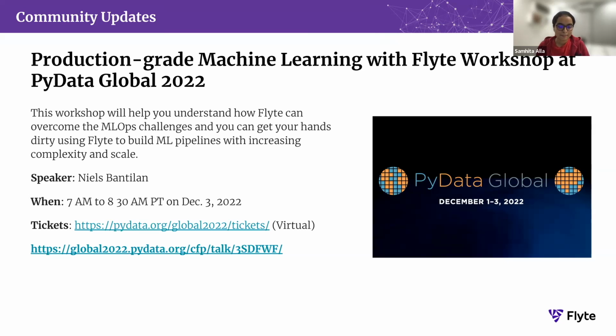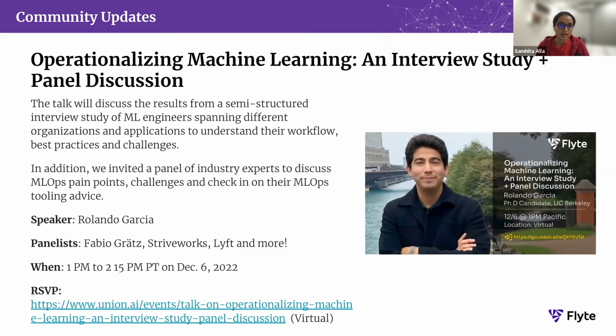We have an upcoming webinar on operationalizing machine learning, an interview study paper followed by a panel discussion. This talk will discuss the results from a semi-structured interview study of ML engineers spanning different organizations and applications to understand their workflow, best practices, and challenges. In addition, we invited a panel of industry experts to discuss MLOps pain points, challenges, and check in on their MLOps tooling advice.